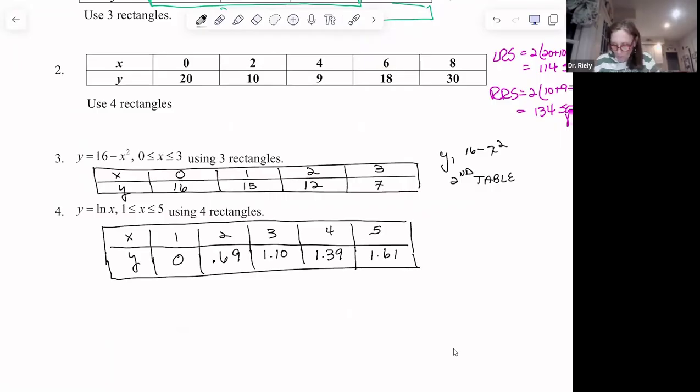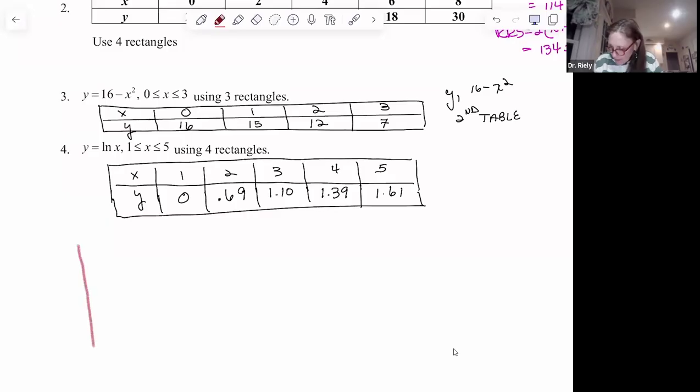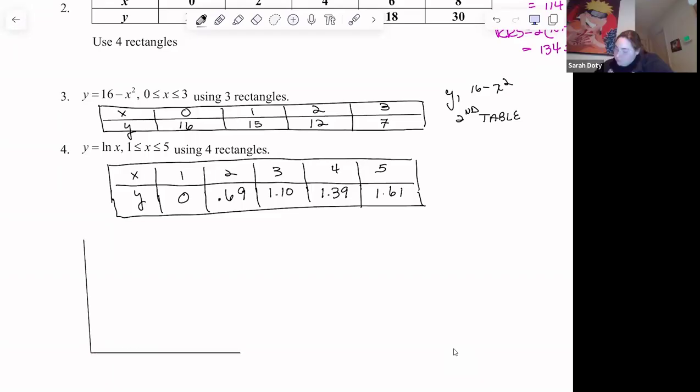Oh, the other thing I did was I went ahead and drew it out so I can see what it looks like. So for the first shape, I am on the downward side of a parabola because it's an upside down parabola.